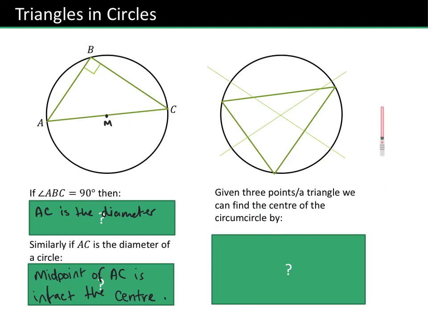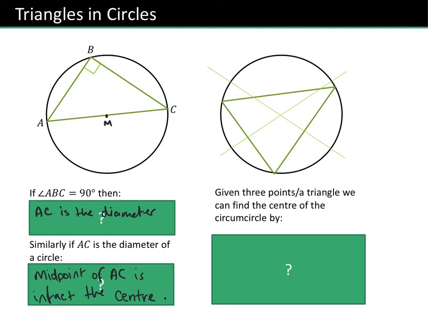So, given 3 points, 1, 2, 3, a triangle, okay? We can find the centre of the circumcircle. Okay, this is a circumcircle. We can find the centre of the circle.